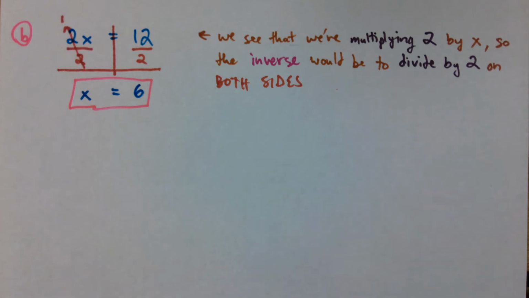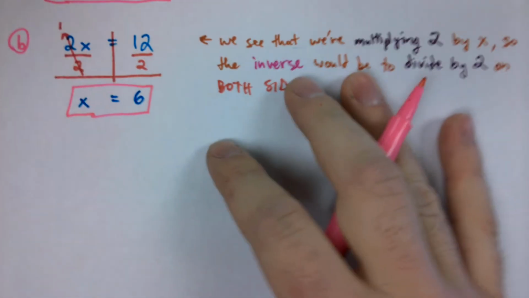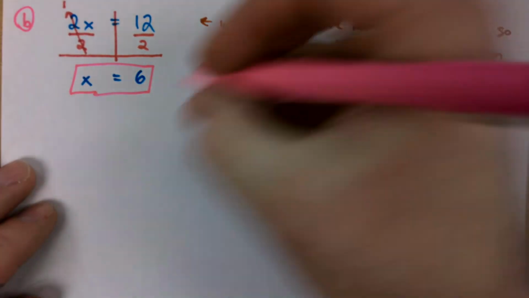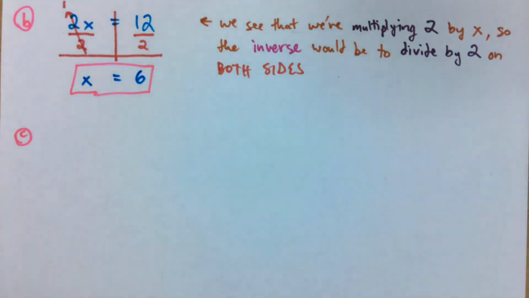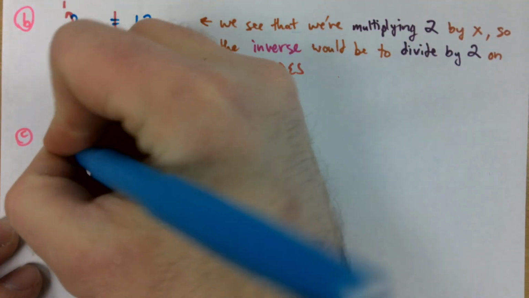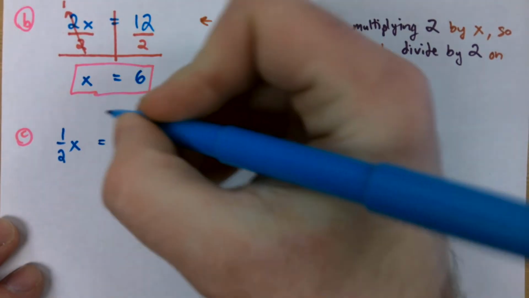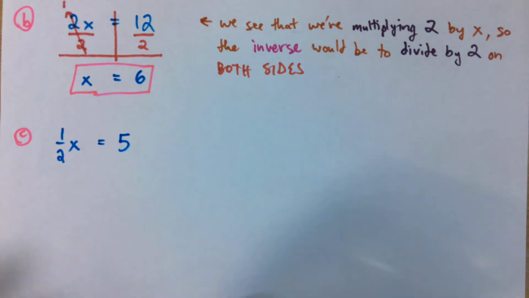Let's do another example. Let's do one with a fraction, because fractions get a little bit more complicated. So let's see what we're going to do when we have a fraction. Let's say that we have 1 over 2 x equals 5.